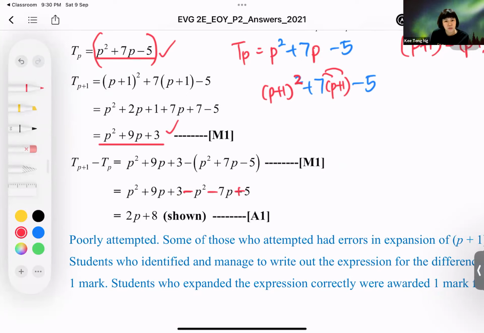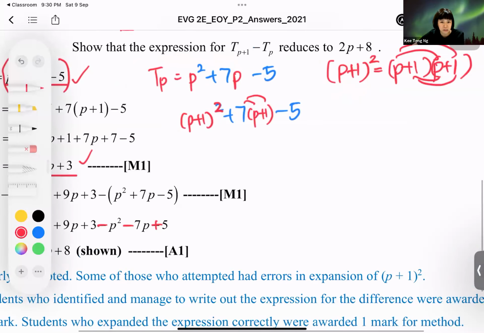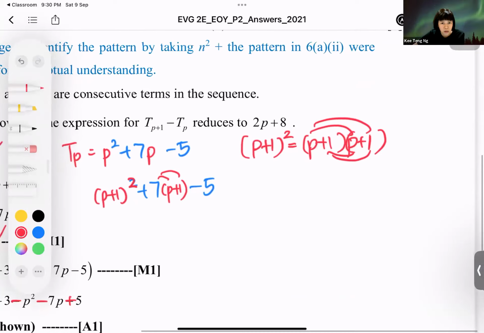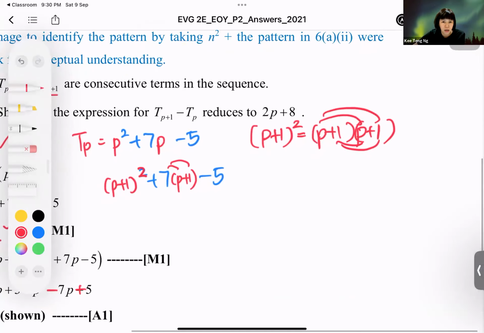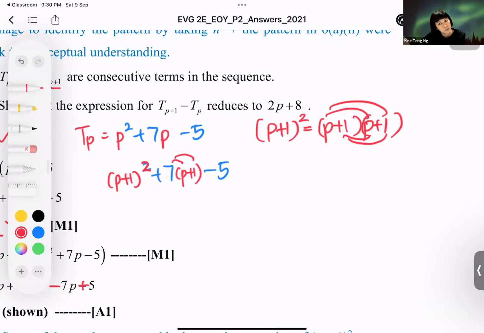Just spread it out step by step. Find TP first, then find TP plus 1, and make sure you expand carefully and avoid the common mistakes. If you cannot remember the formula for p plus 1 whole squared, p squared plus 1 squared plus 2ab, you can write out p plus 1 and then do the expansion.